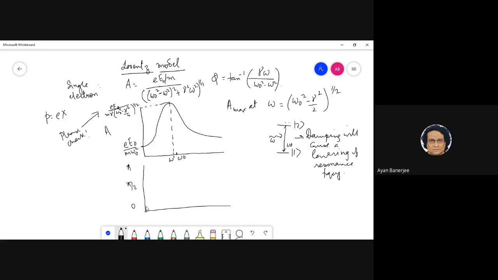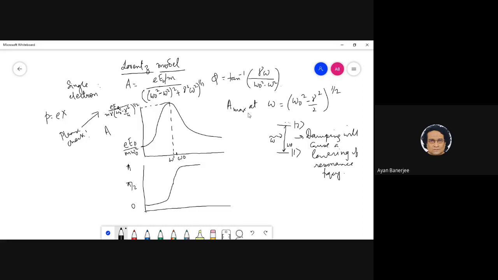Initially, what is the phase relationship between the drive and the driven? From here you can easily make out that when omega is much less than omega 0 square, the phase difference tends to 0, so this will look something like this.